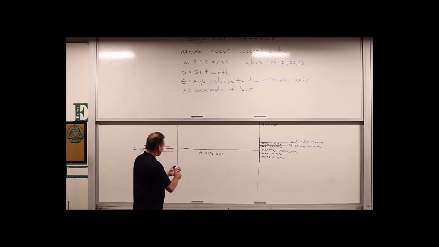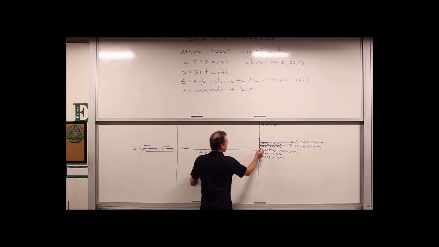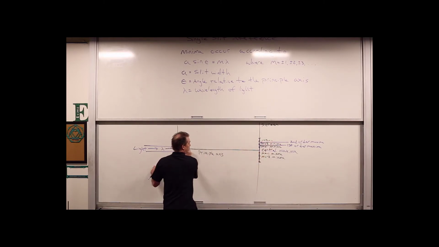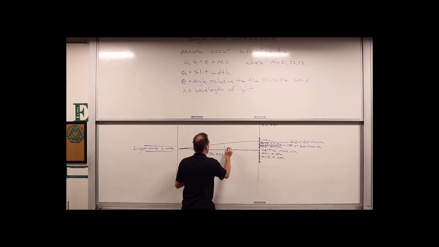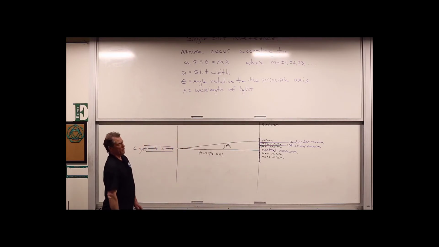At any rate, we've got ourselves something like this. We can go ahead and take, say this is the m equals 1 minima, m equals 2, m equals 3 minima, and take this angle and say that this is theta 3. Well, we have to put theta 3 sub d because we don't need it to be dark. There is only minima.